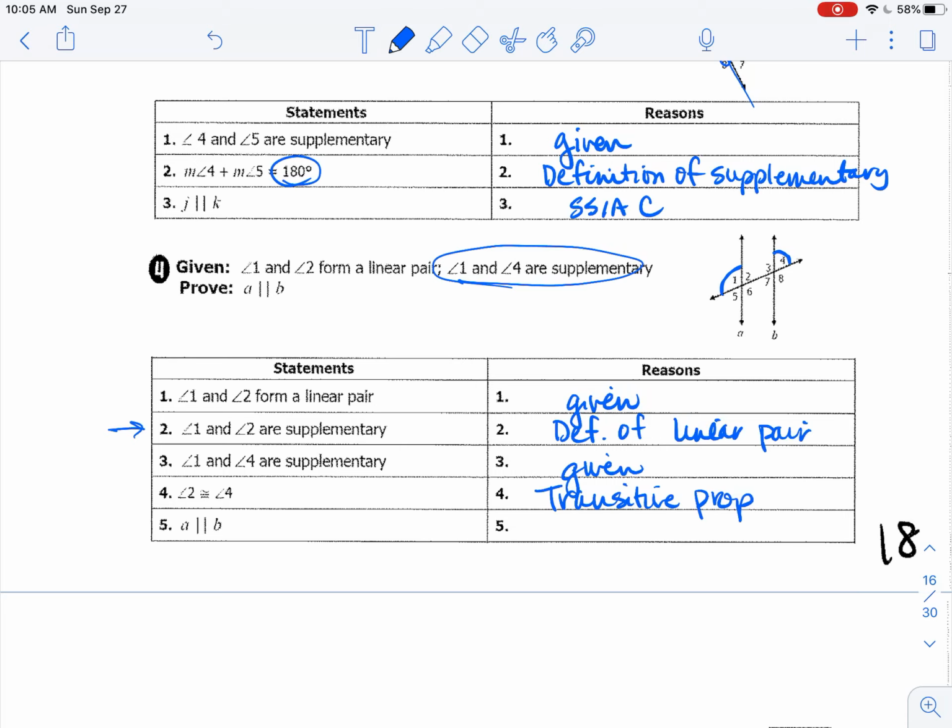And what it's saying is if 1 and 4 are supplementary, then that means these lines are parallel by corresponding angles converse. If these two are supplementary, then angle 2 is going to correspond with angle 4. They're in the same position on each of those angle groupings. And we will definitely spend some more time practicing.